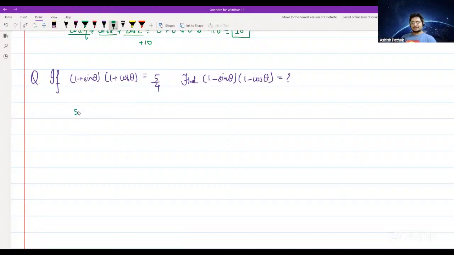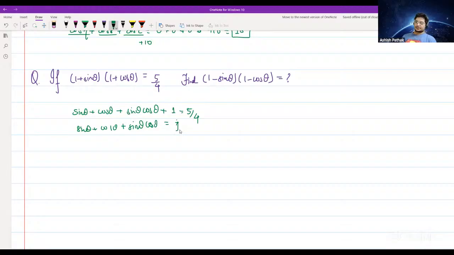Now, if I expand everything, you will get this as sine theta plus cos theta plus sine theta cos theta, and plus 1. Correct? You will get it as equal to 5 by 4. So you will get here sine theta plus cos theta plus sine theta cos theta, which is equal to 5 minus 4 minus 1.